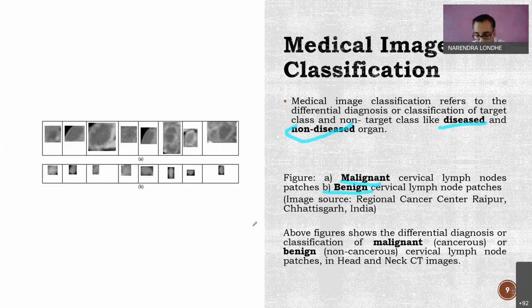So this is how, from those segmented abnormalities, when we give them to the classification, it gives us an idea whether those segmented regions of your body are diseased or non-diseased. That is exactly the purpose of the classification, right?